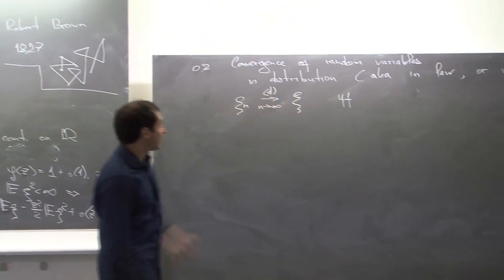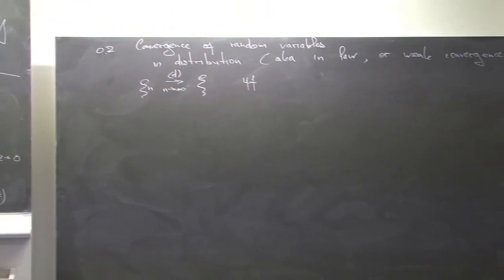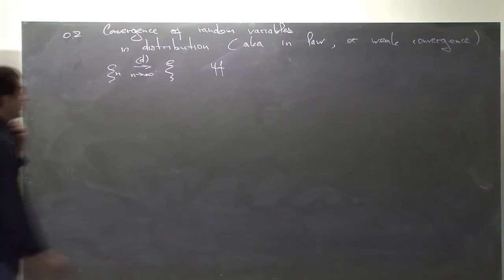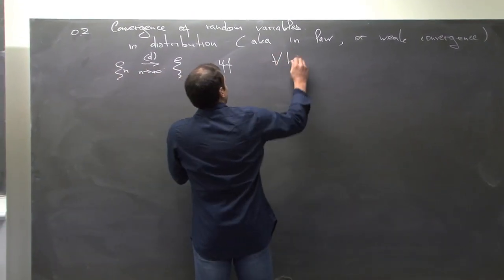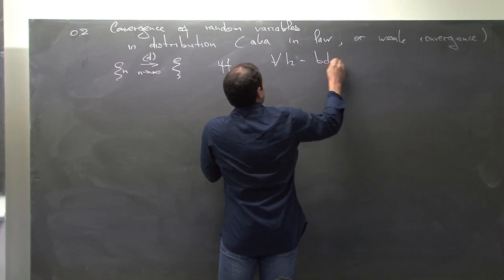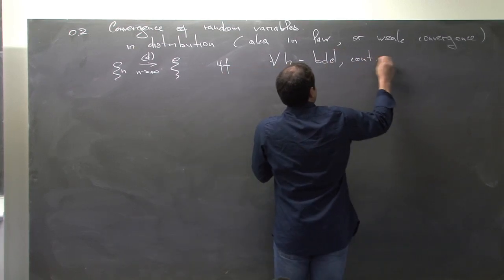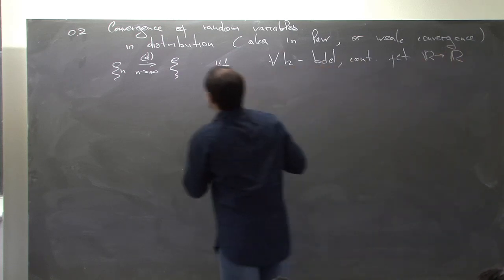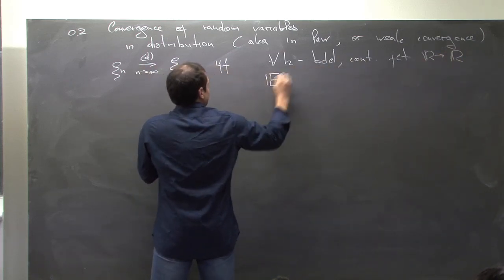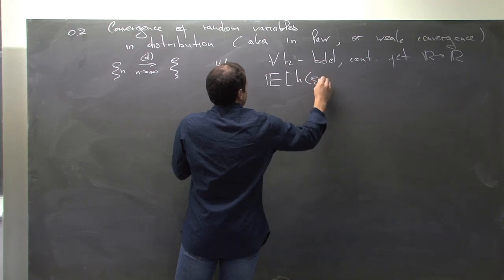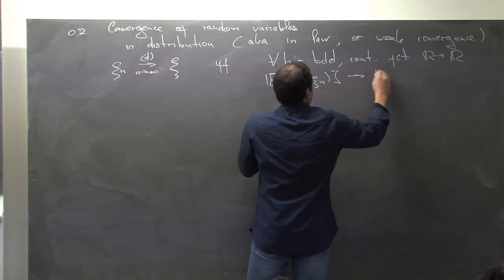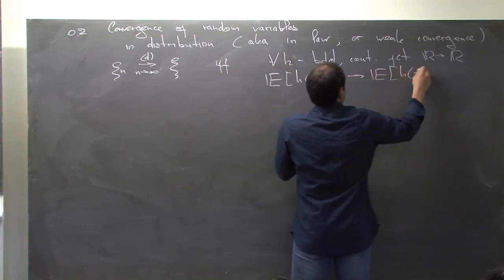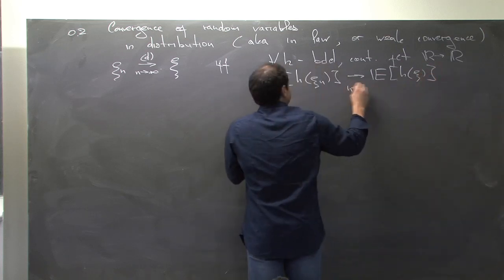Okay. So this is convergence in distribution if and only if for every bounded and continuous function, these expectations do converge.